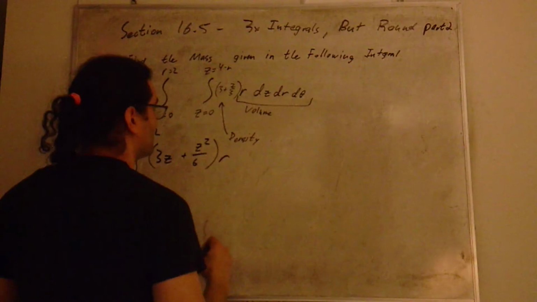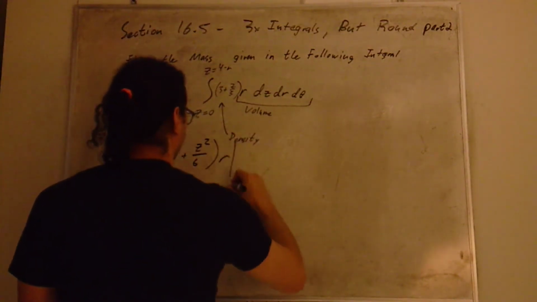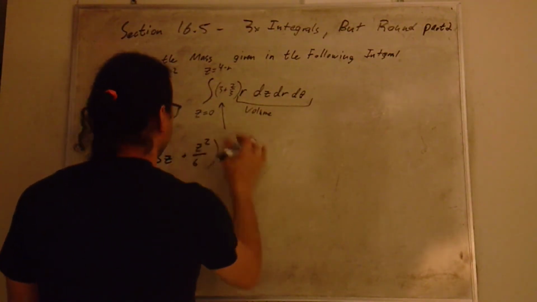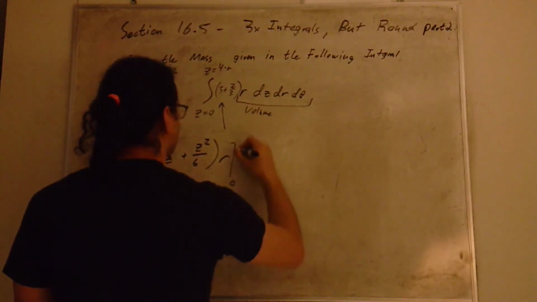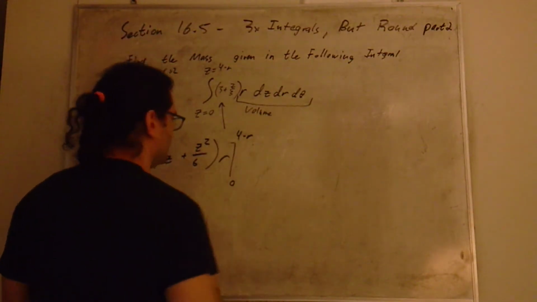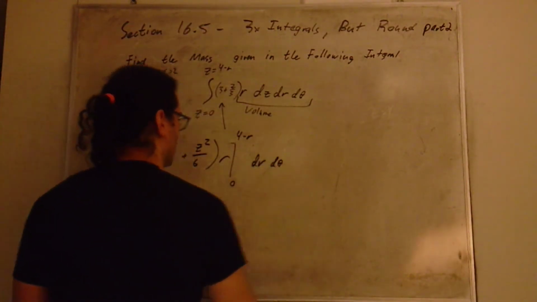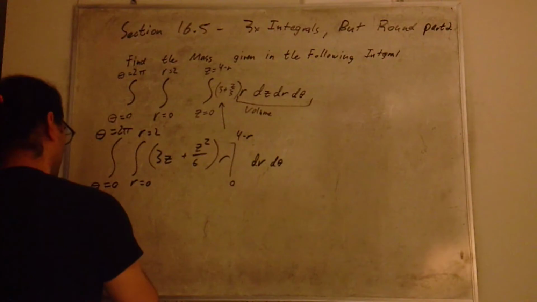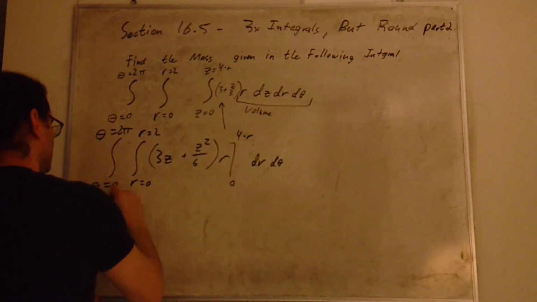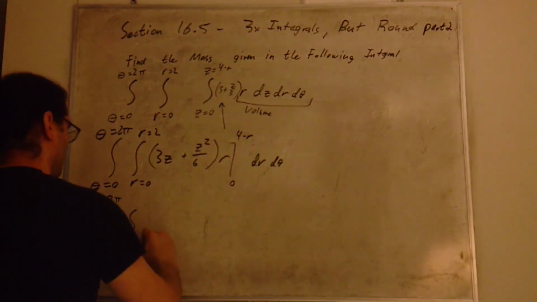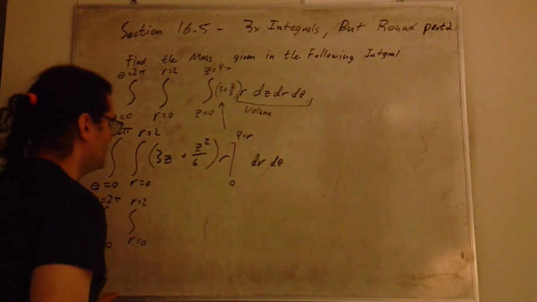It's all still being multiplied by r. We're evaluating this at 0 and 4 minus r, dr d theta. So theta from 0 to 2 pi, r from 0 to 2.